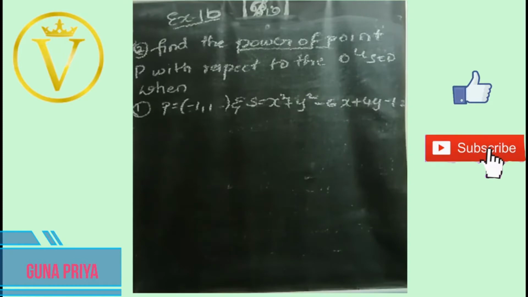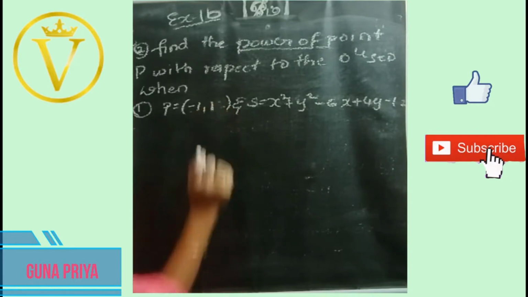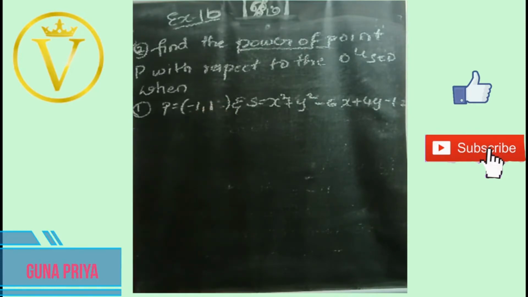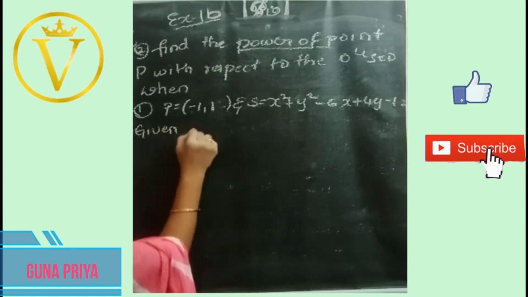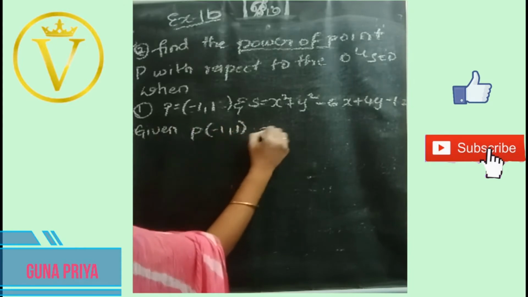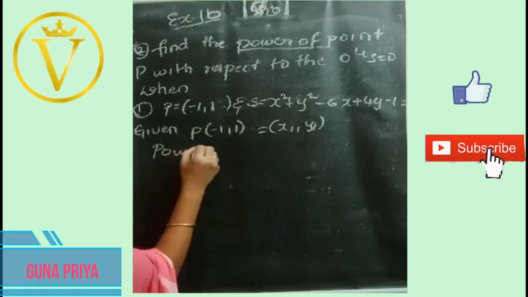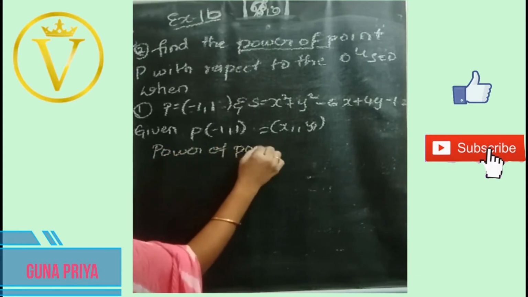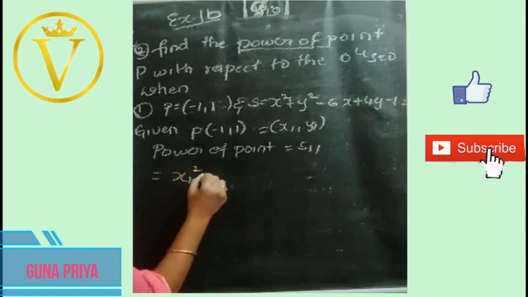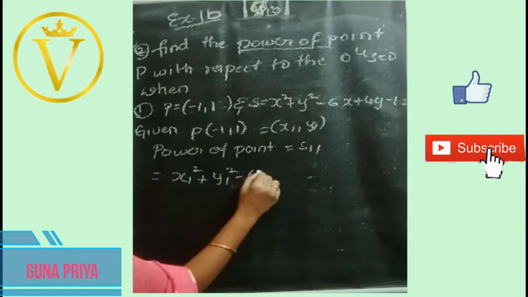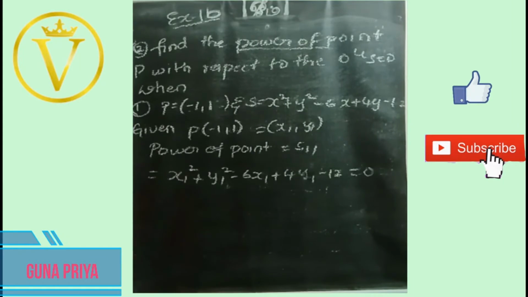Now our another problem, they have given the point (-1, 1) and one circle equation. Given P(-1, 1) equals (x1, y1). So the power of point is S11 equals x1 square plus y1 square minus 6x1 plus 4y1 minus 12 equals 0.